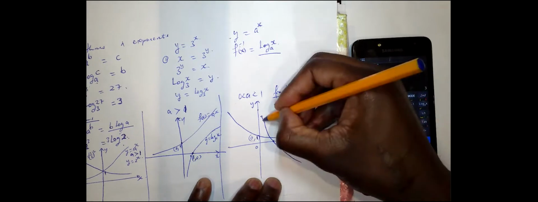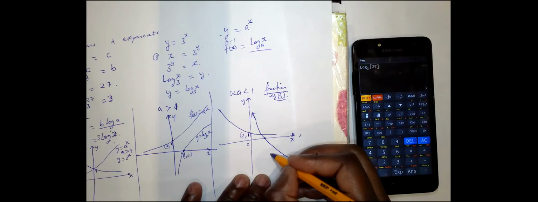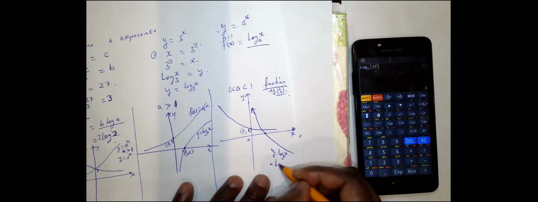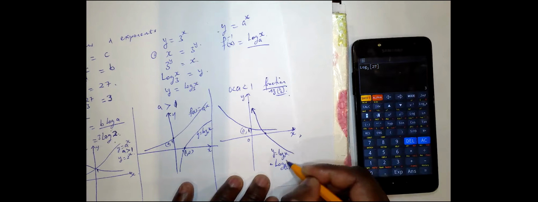That's what we have for the inverse. So this one is y equal to log base a of x, or you can say log base half of x, like that.